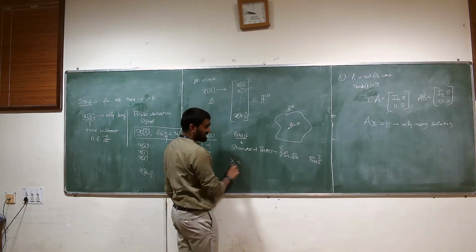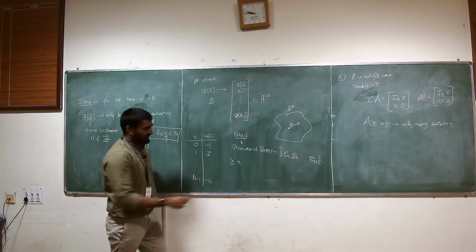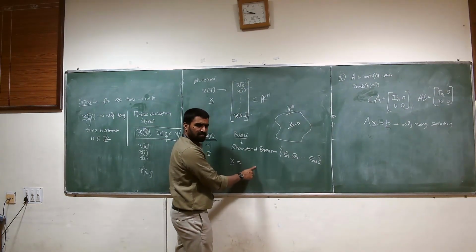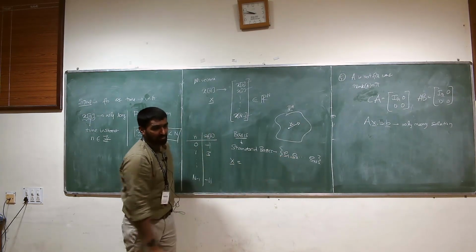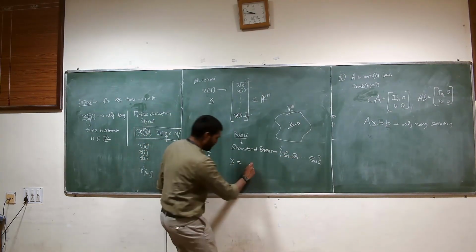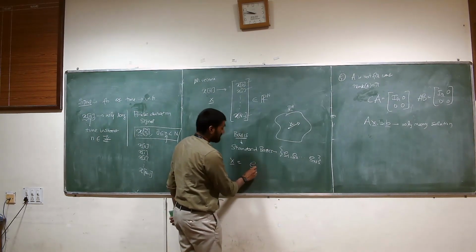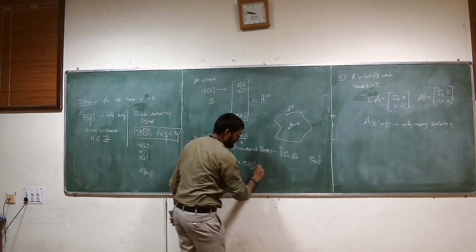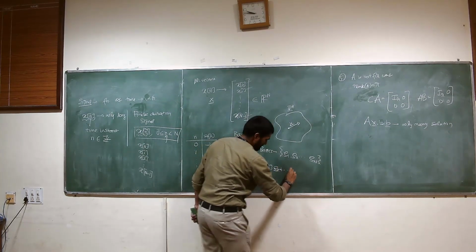How do I express x in terms of the standard basis? What will be the first? E1, okay. E1 into what? X of 0, right? X of 0 plus x of 1 into E2, so on and so forth.